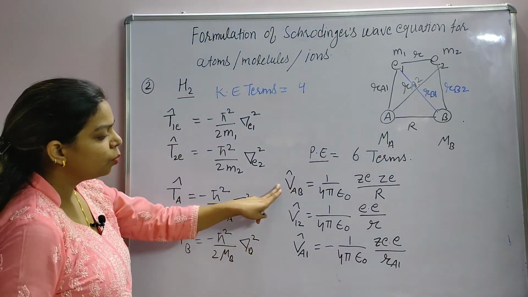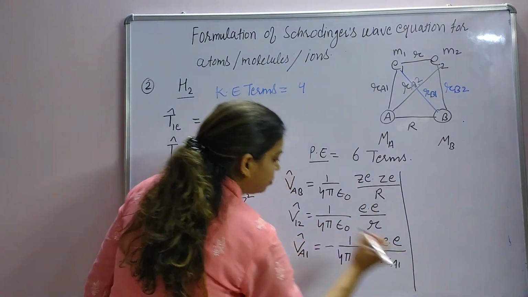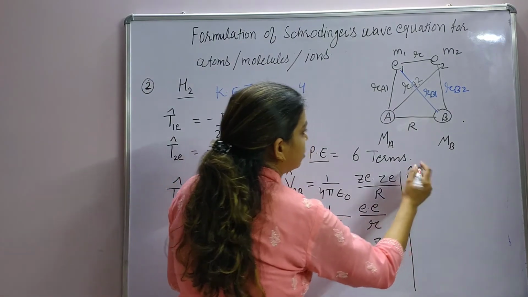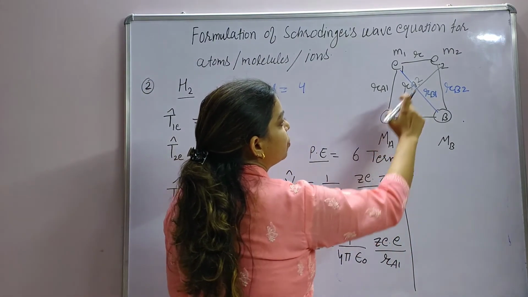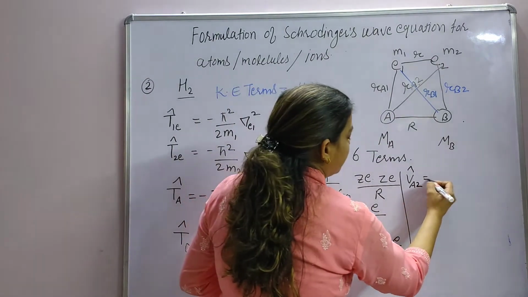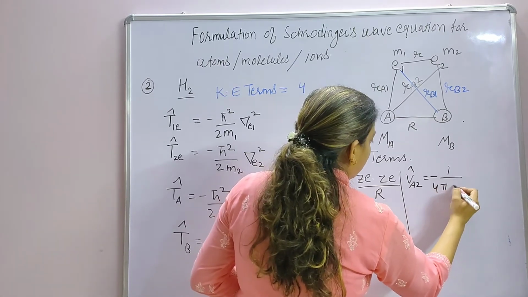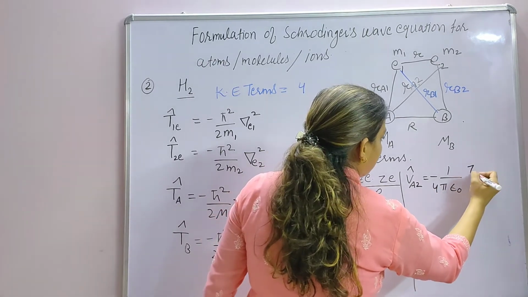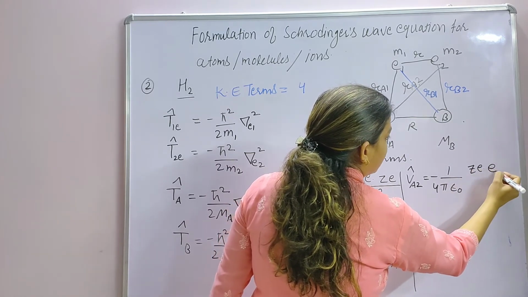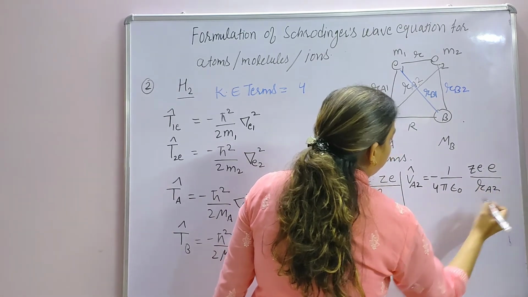So we have 1, 2, 3 terms. Similarly, potential energy for first nucleus with second electron. Force of attraction with negative sign, 1 by 4 pi epsilon naught, Ze, charge on the nucleus, charge on electron, and distance between the two is RA2.